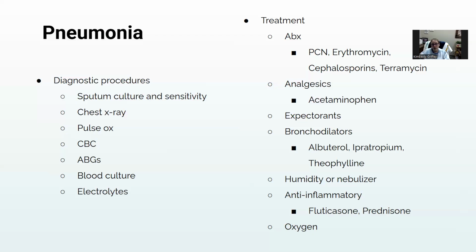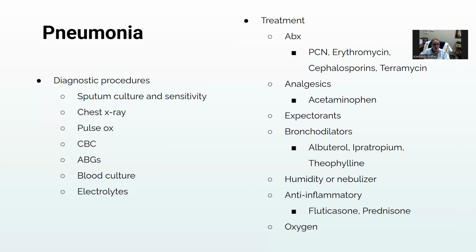We're going to treat these with antibiotics, penicillin, erythromycin, cephalosporins, and terramycin. Analgesics, we're going to give Tylenol or acetaminophen. We're going to give expectorants to kind of help thin those secretions and make it easier to cough up. We're going to give bronchodilators like albuterol, ipratropium, and theophylline.